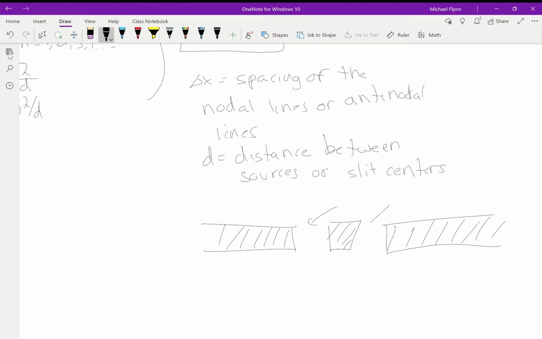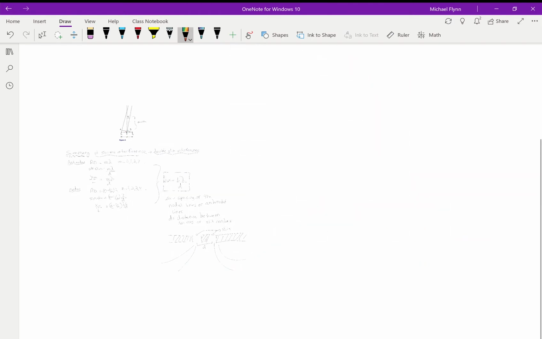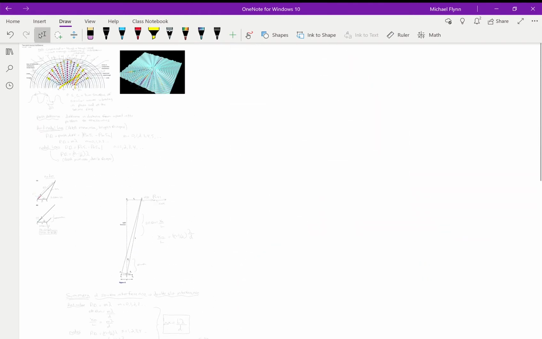These are your two openings that we call slits, and d would be the distance between the slits. You get your interference pattern radiating here. I'll use a different color. You get your nodes and antinodes radiating outwards like this, the same picture as you see above.